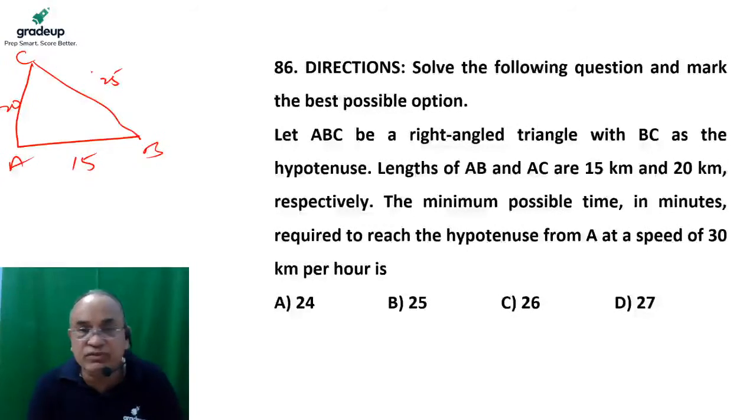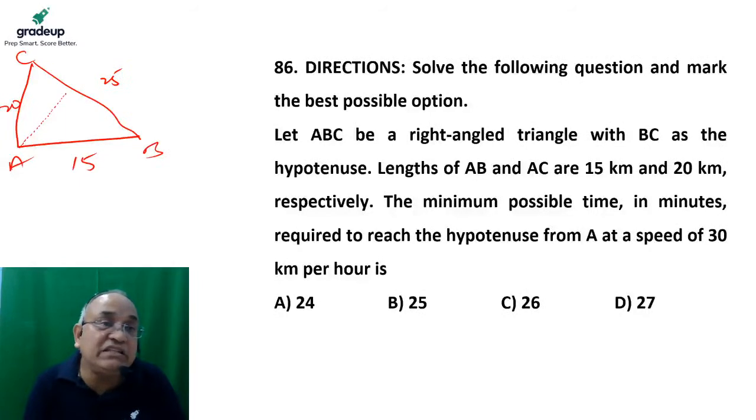Okay, everybody knows. The minimum possible time in minutes required to reach the hypotenuse from A at a speed of 30 km per second. Okay. In what time, the least amount of time, can we reach from A to this hypotenuse? The least time is taken only when we cover the least distance.